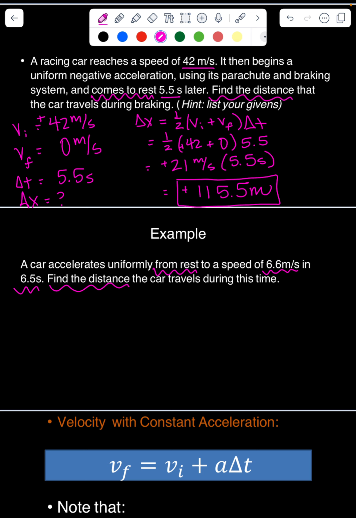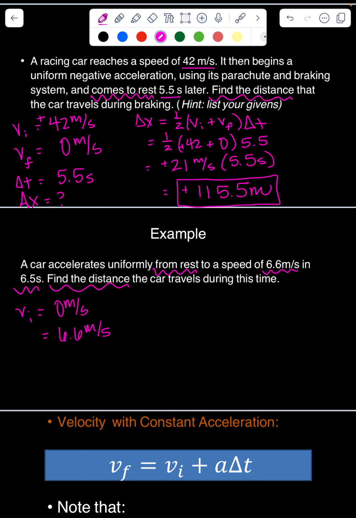All right, so our very first given says from rest. So it is speeding up from rest. So that tells us that our initial velocity is going to be 0 meters per second, to a speed of 6.6 meters per second.